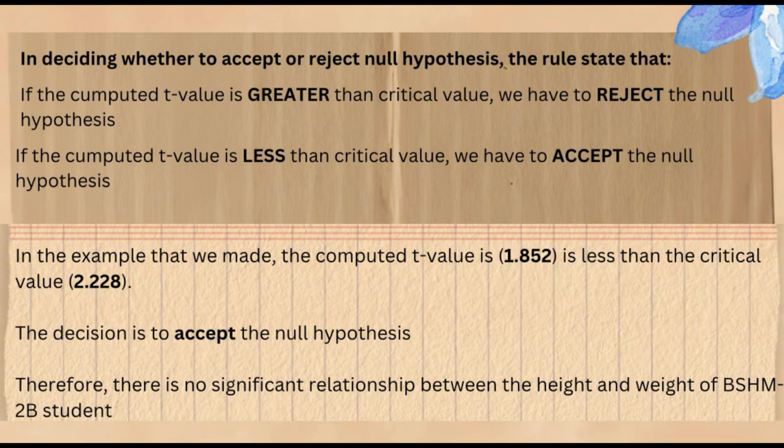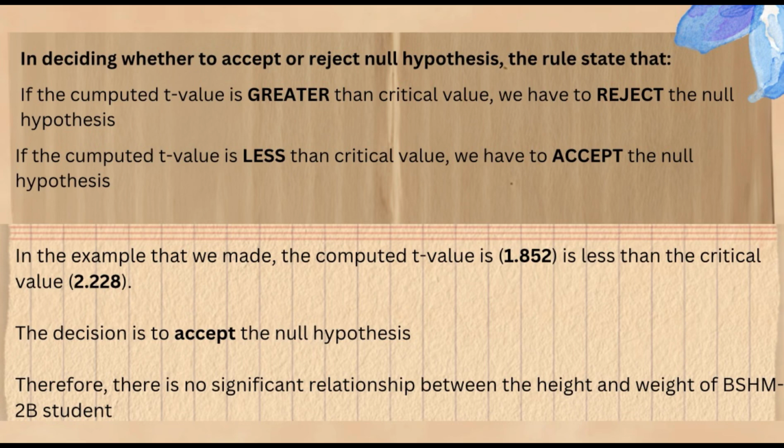So, it's very small. It's less than the critical value of 2.228. According to the rule, if less than, we have to accept the null hypothesis. So the decision is to accept the null hypothesis.